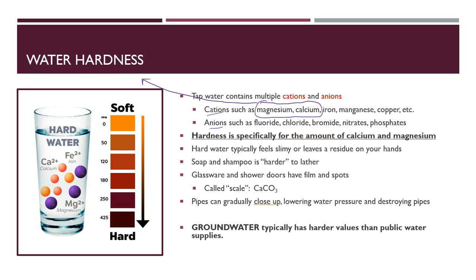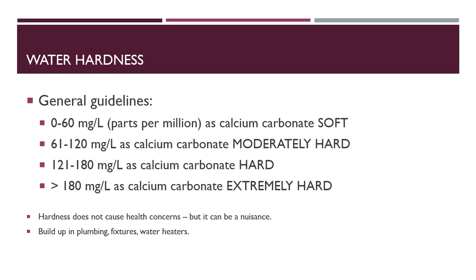Now, we've got different classifications, and we can call water hard, we can call water soft, we can call water moderate, we can call it extremely hard. We've got some different classifications that we can use when it concerns water hardness. So here are the general guidelines. These general guidelines are basically stated out in literature. I didn't make these numbers up.